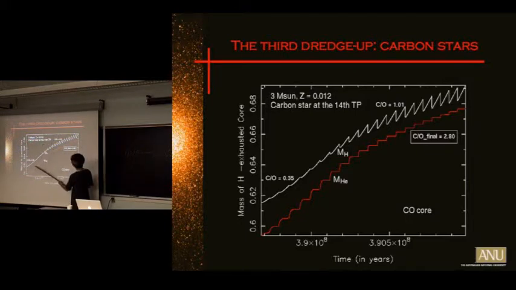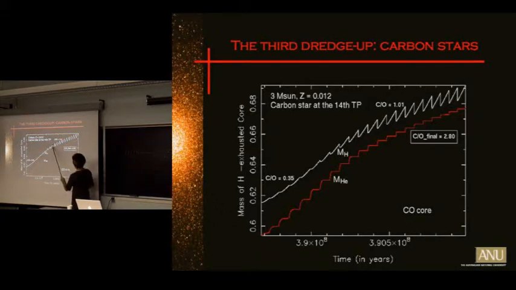Every time you have one of those thermal pulses, which are very brief bursts of helium burning, some helium is converted into carbon, and the mass of the helium-exhausted core grows. Every time a mixing episode occurs, the hydrogen-rich envelope moves into a hydrogen-depleted region.